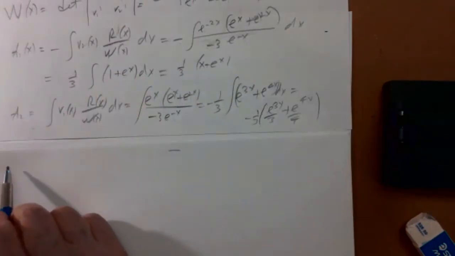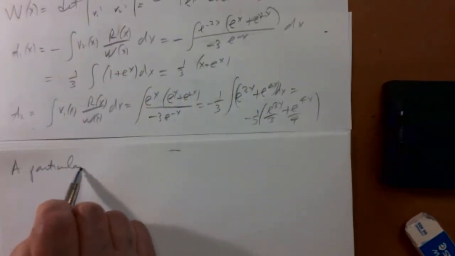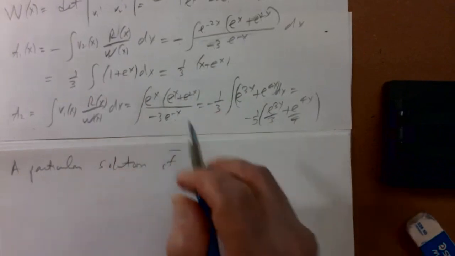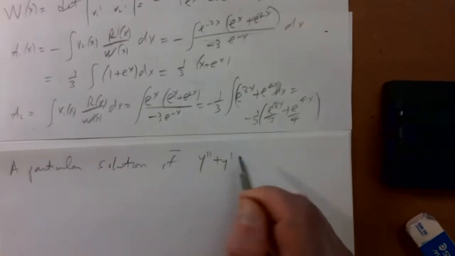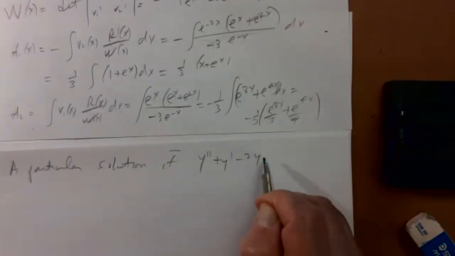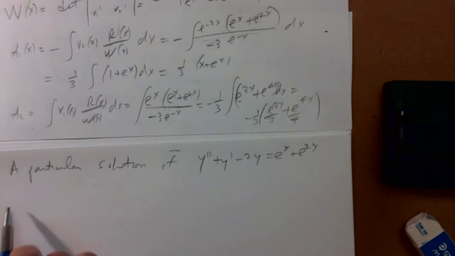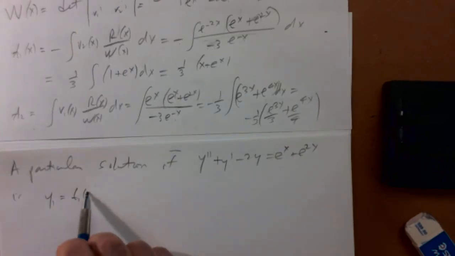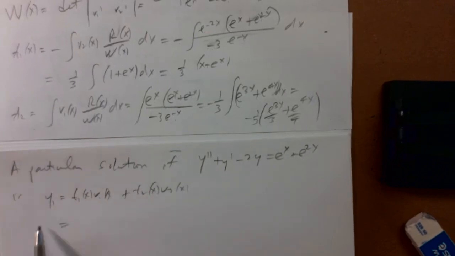So a particular solution of the non-homogeneous equation y double prime plus y prime minus 2y equals e to the x plus e to the 2x is y1 equals t1 of x v1 of x plus t2 of x v2 of x.